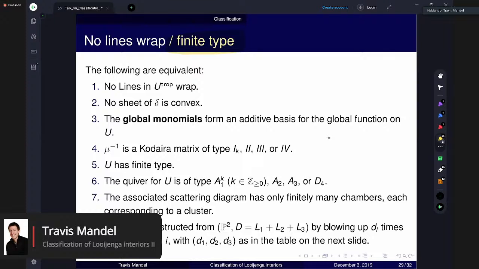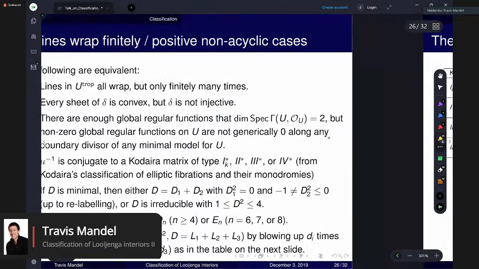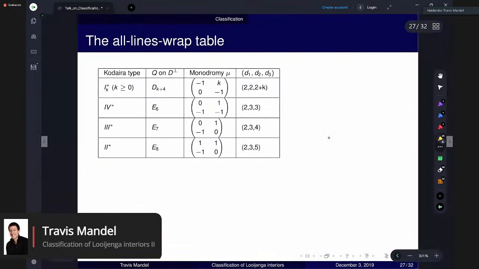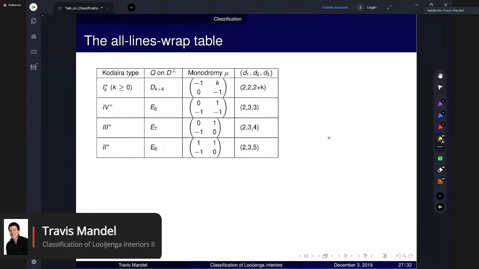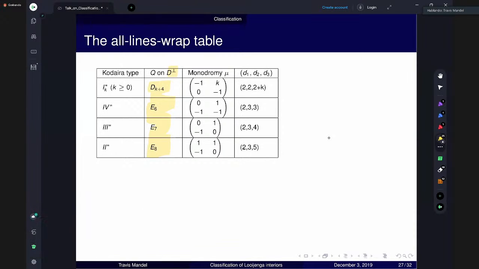And let's see, a few interesting features that show up. So these are the cases where all lines wrap. Your D perp lattice in these cases is a type D or E Dynkin, or corresponds to a type D or E Dynkin diagram. Your monodromy is one of the monodromies that shows up in Kodaira's classification of elliptic surfaces.